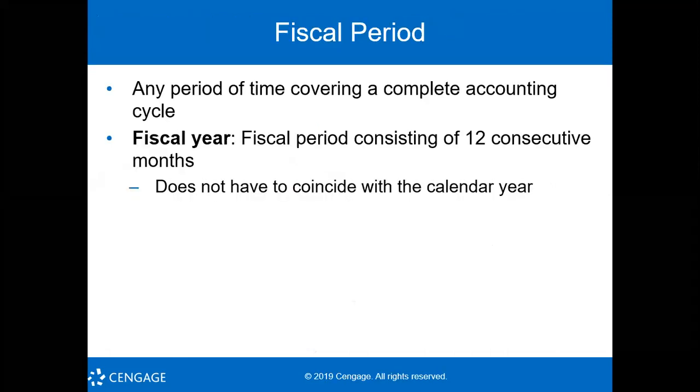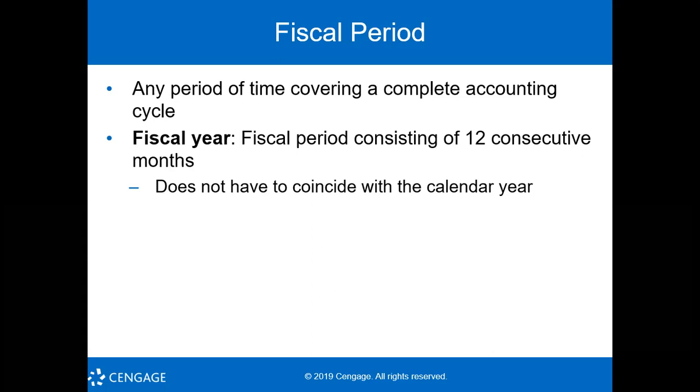So the first thing that the chapter touches on is the difference between a fiscal period as opposed to a calendar year. So companies can have fiscal years. Like I know at the company that I worked for prior to teaching full time, we were on a fiscal year of July 1 through June 30th.